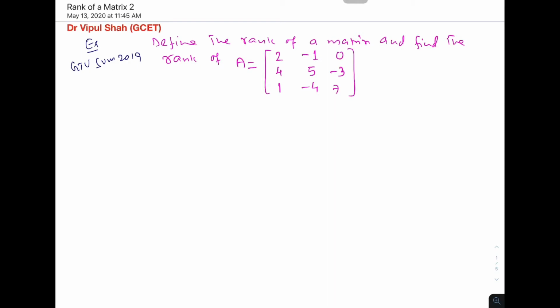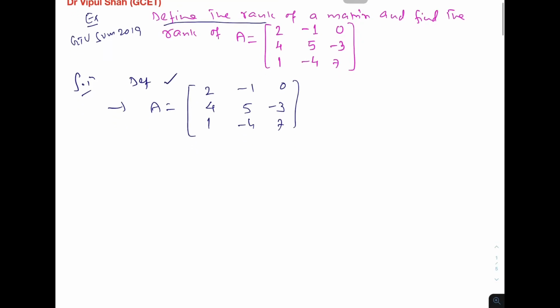So in the previous lecture we have defined the rank, so you should just write the definition, that I leave to you. Next is rank of A, so we can find here 2, -1, 0, 4, 5, -3, 1, -4, 7.